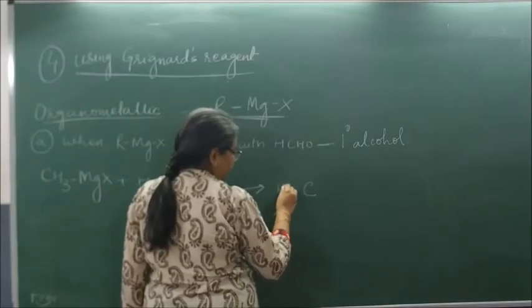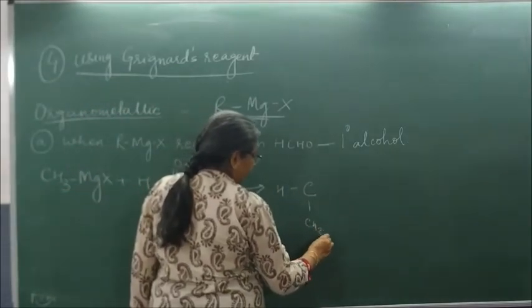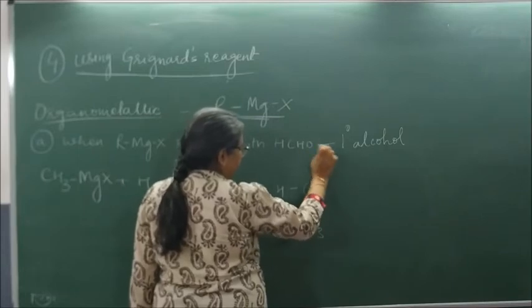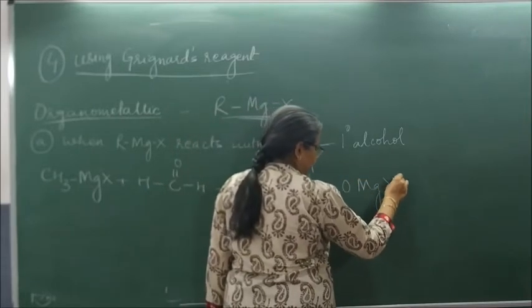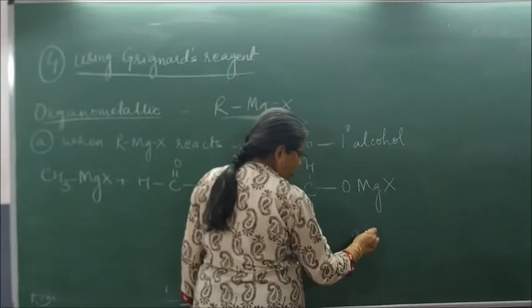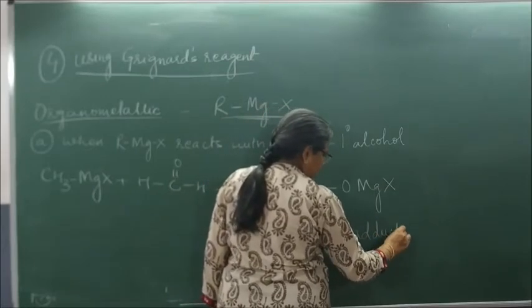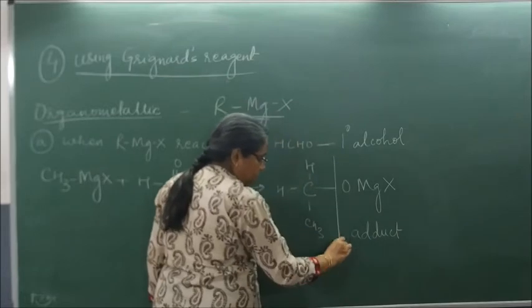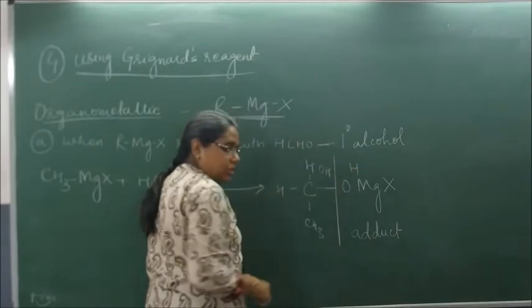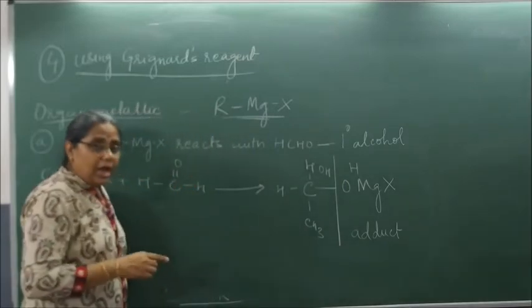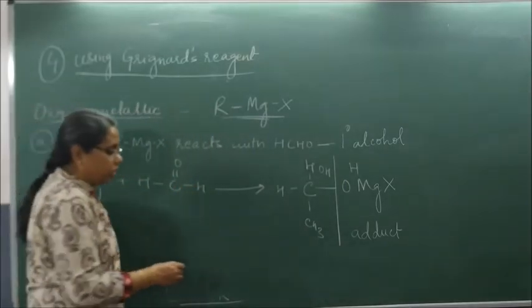C, you will have an H, you will have CH3, and you will have OMgX. This is an addition compound and it is called an adduct. Break the bond here, add an H here and add an OH here. This is called hydrolysis of the addition compound.